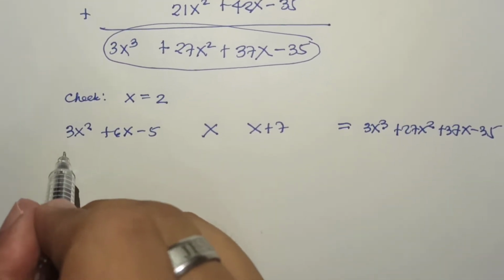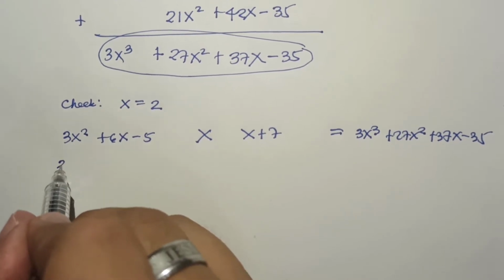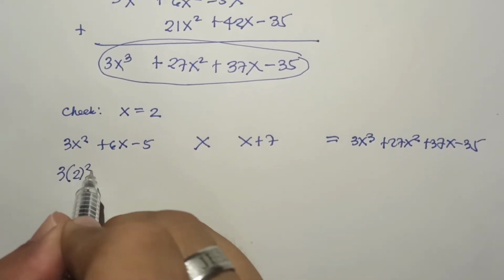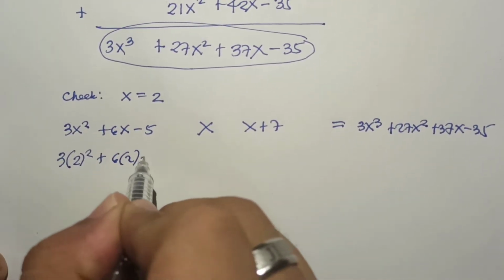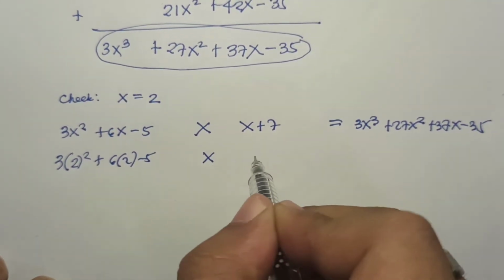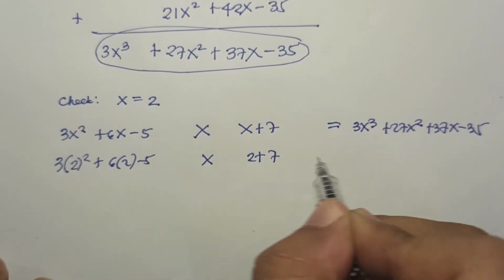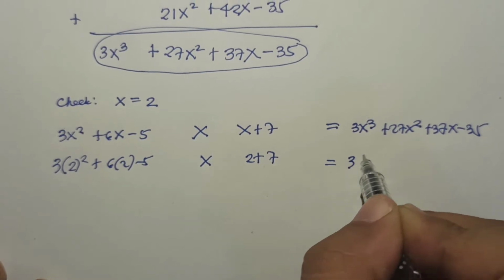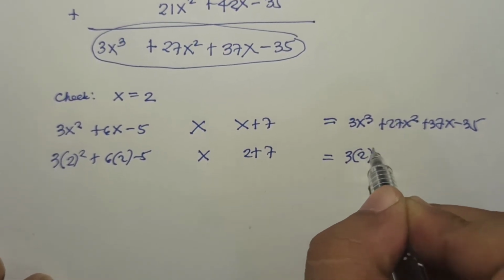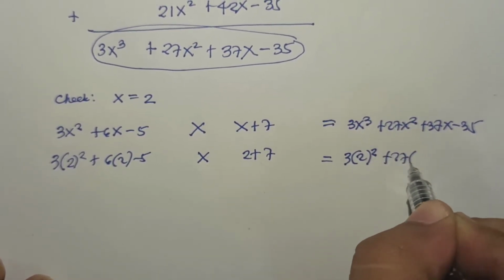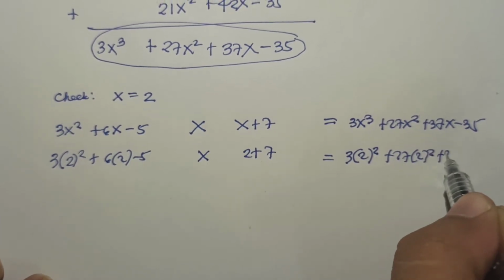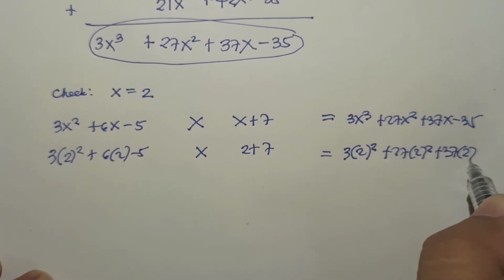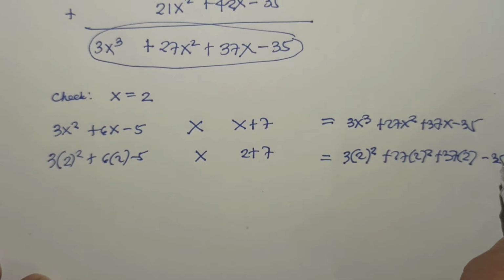So we have 3 times 2 squared plus 6 times 2 minus 5, times 2 plus 7, is equal to 3 times 2 cubed plus 27 times 2 squared plus 37 times 2 minus 35.